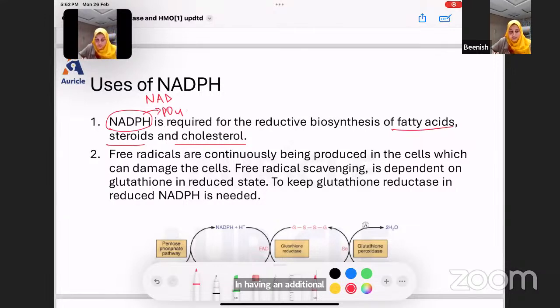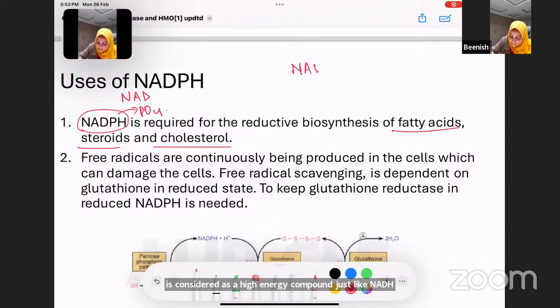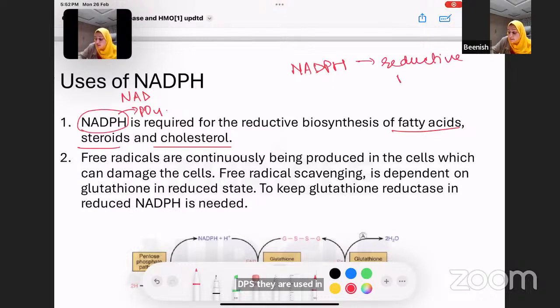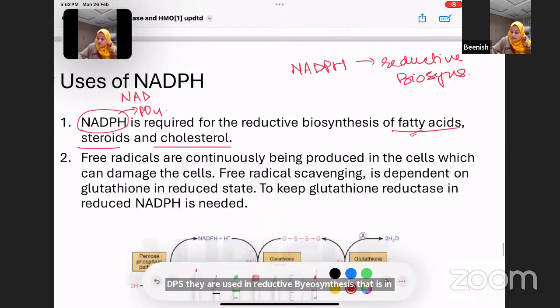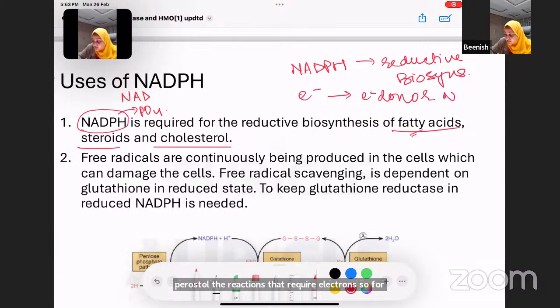Okay? Your NADPH is considered as a high energy compound, just like NADH, but the electrons of NADPH are used in reductive biosynthesis. That is, in the synthesis of these fatty acids and steroids and cholesterol, the reactions that require electrons, for them the electron donor is your NADPH.